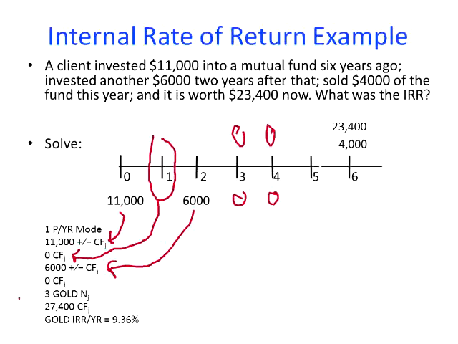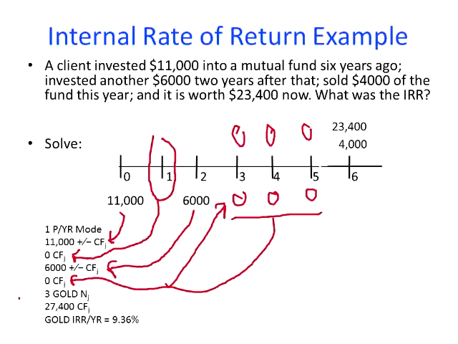Nothing occurred either in or out in years 3, 4, and 5. So they put in the 0 CFj for this third year right here. And then they use a new method that I haven't shown you yet. I'm going to show it to you right now.